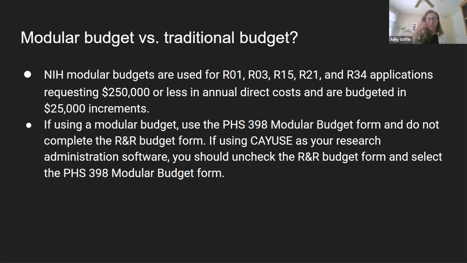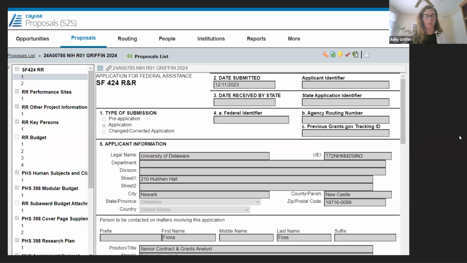If you use Cayuse as your research administration software like I do, you could uncheck the R&R budget form and select the PHS 398 modular budget form. And I'll show you an example of that. So here's the Cayuse portal. You might have a different way of submitting proposals, but this is what University of Delaware uses, a portal called Cayuse.